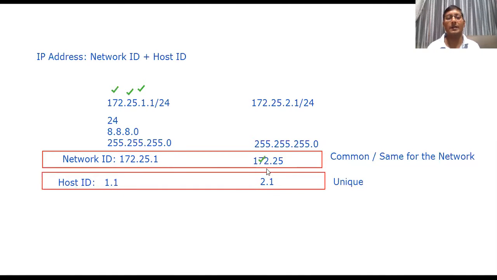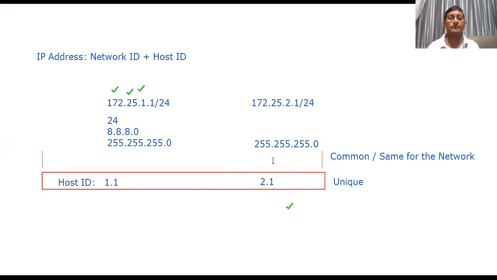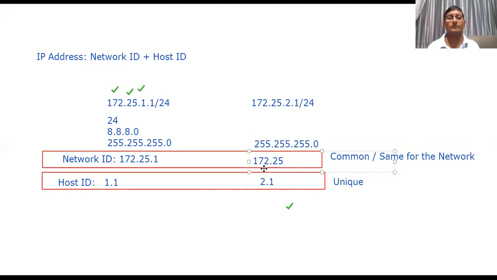If I take the same example, what is the value you'll have? 2. So if you take 2 here, according to the concept, 172.25.2 here. It should be common or same according to the concept.